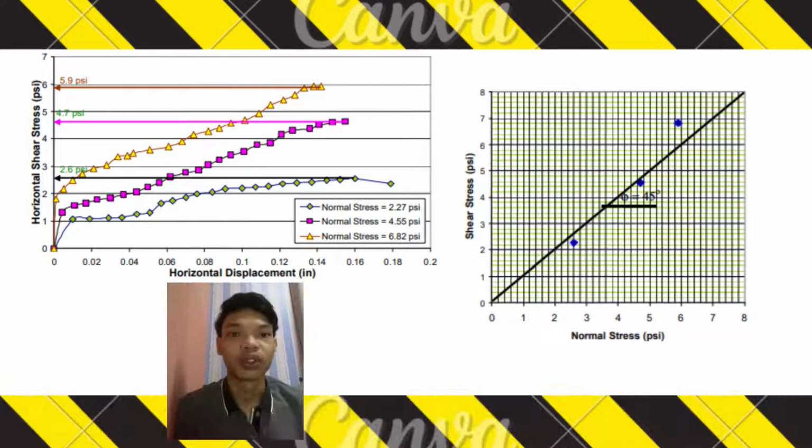Okay, this one is the graph for direct shear stress. This green is normal stress 2.27 psi, purple is normal stress 4.55 psi, orange is normal stress equals 6.82 psi.